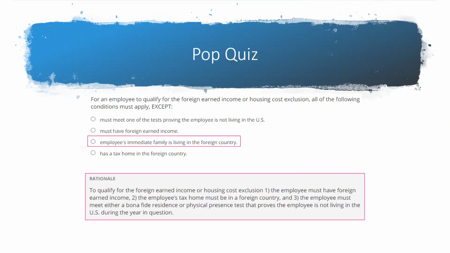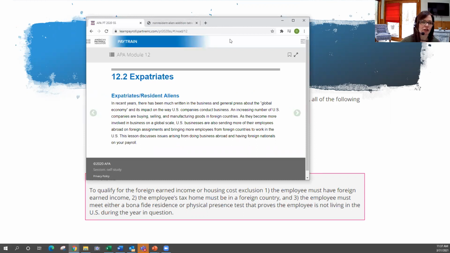Can I move you guys over here for a minute? Sorry, I'm just looking for something in the page train that might better explain it than me. Expatriates.